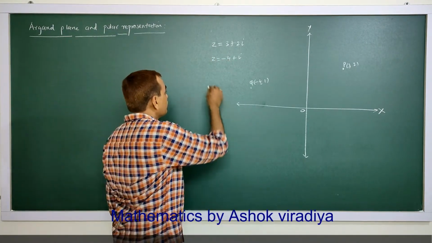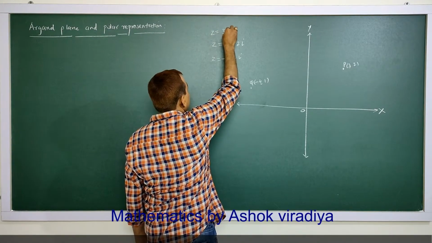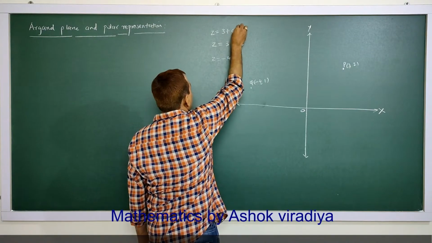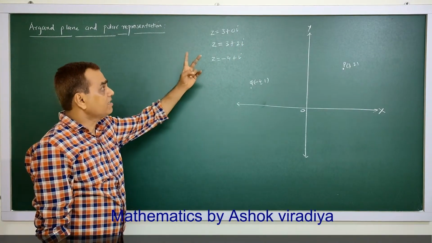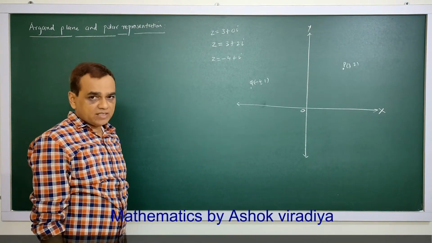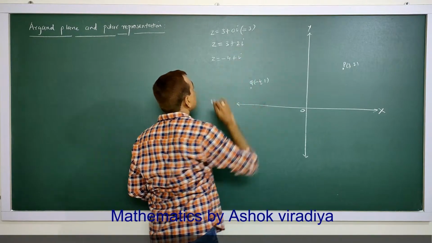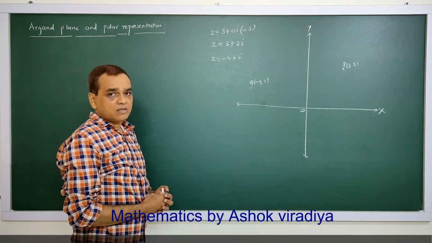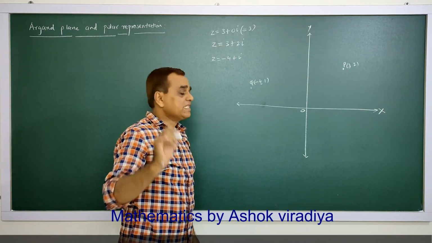We take one more point. Suppose z equal to 3 plus 0i, a plus bi. 3 plus 0i. That means it is nothing but only 3. So this is corresponding to the point (3, 0).